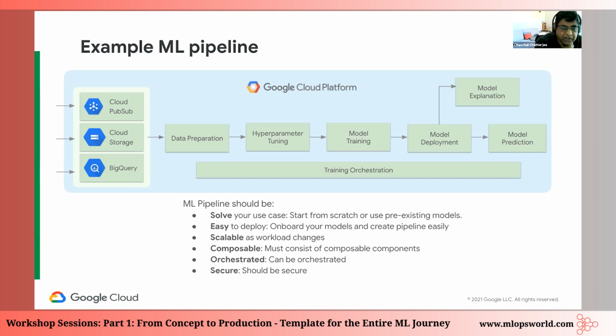So the ML pipeline that we are building, this end-to-end, first the prototype, then the pipeline, should solve your use case. It should start from scratch and use pre-existing models or build your model. It should be easy to deploy. You should be able to onboard your model, and Elvin will show you how to build the Kubeflow pipeline. It should be scalable, and as the workload changes, you should be able to compose them easily.